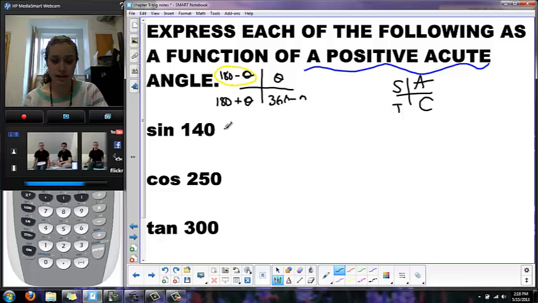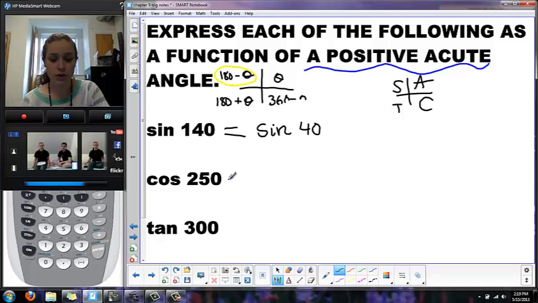Well, in this case, sine is positive, so I can just write positive sine. Then I need to use my reference angle formula for the second quadrant to figure out 180 minus what gave me 140. Well, 180 minus 40 gave me 140, so this is equal to the sine of 40 degrees.